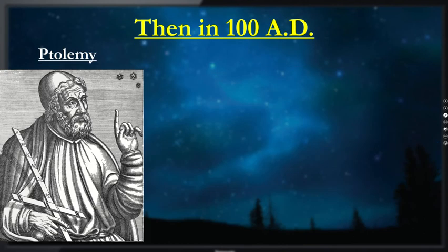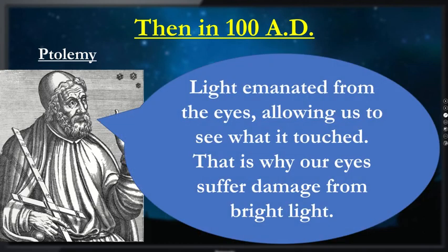We had Ptolemy, one of the people who talked about the heliocentric model of all the planets. He said that light illuminated from the eye. So we would have particular senses from our eyes that go out and touch and sense the physical world, and that's how we were able to see things.